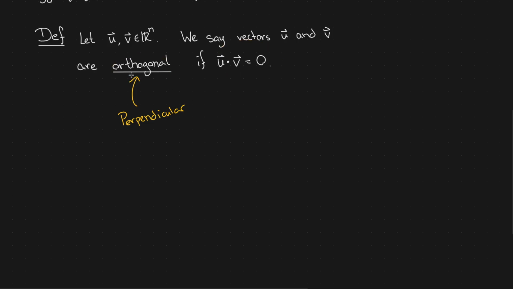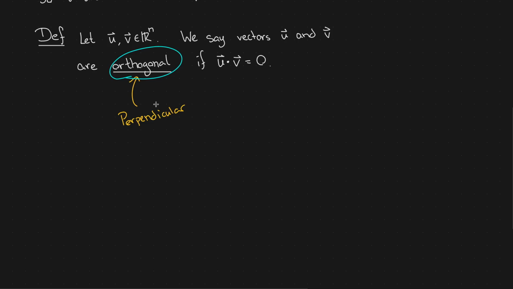Okay? So in most instances, orthogonal and perpendicular are going to be about the same thing. Orthogonal means just a little bit more. And later on in the course, we're going to generalize the idea of a vector space to regimes that do not have a clear geometric interpretation.